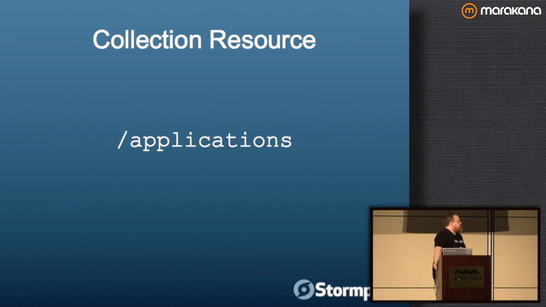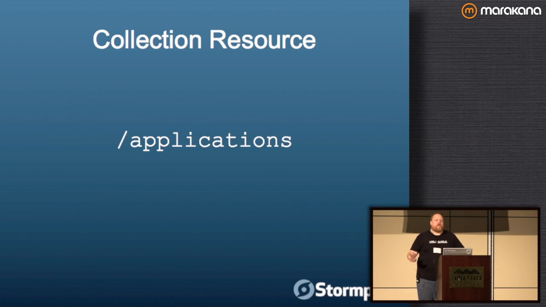So a collection resource kind of looks like this. This is a URL endpoint that says /applications. It doesn't say /application, it's plural. So the thing that we've seen that we think makes the most sense and that is easy to consume is that you name your endpoints in the plural because they do represent multiple things, 1 or more things.